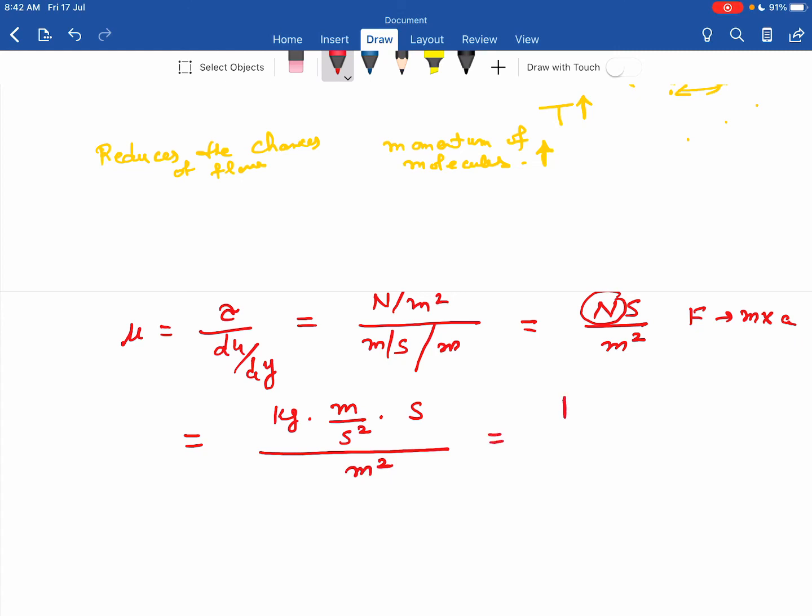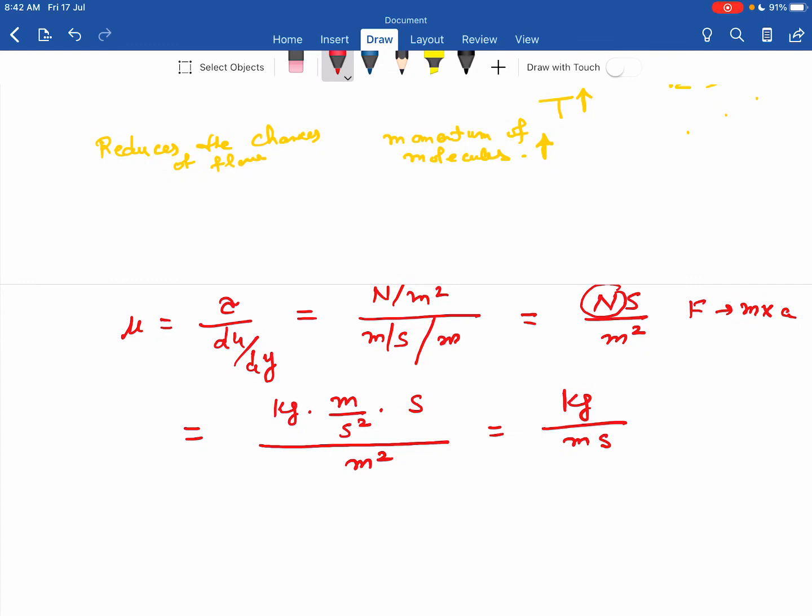So we can write it as kg upon meter second. When we talk about the CGS unit, kg becomes gram and meter becomes centimeter. So the CGS unit for mu is gram per centimeter per second. This CGS unit for viscosity we call poise. So 1 poise equals 1 gram per centimeter per second.